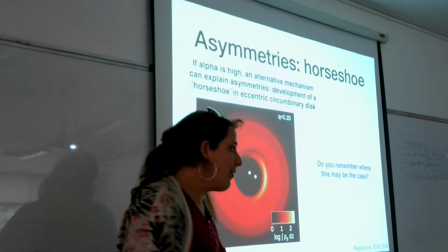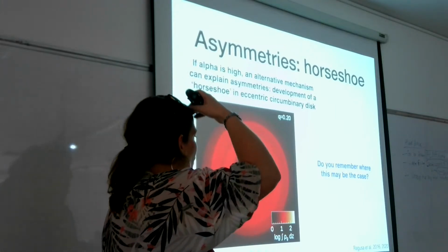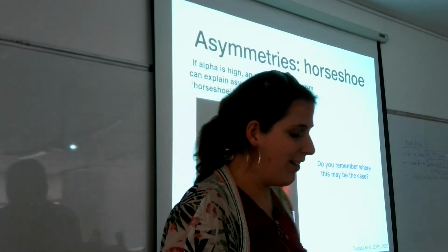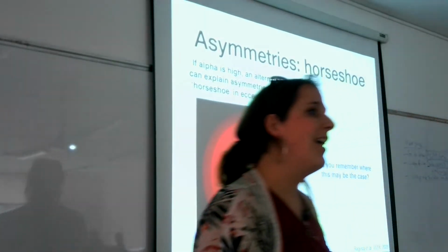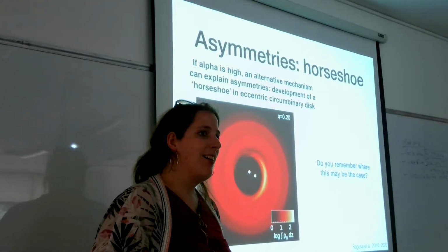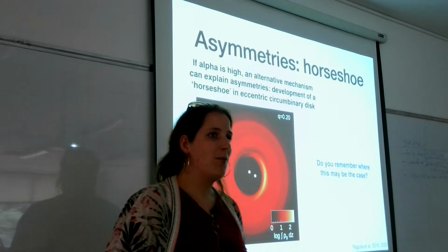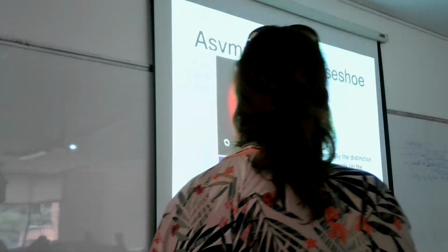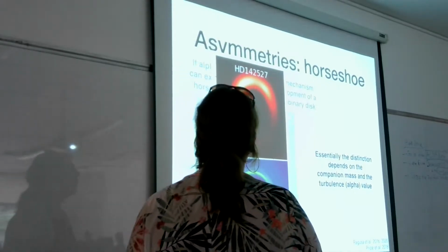However, they do have a point because there is one disk that is asymmetric and that we also know to be a binary. And I've mentioned it about 10 minutes ago. Do you remember that one? This disk. It's an asymmetric dust trap.